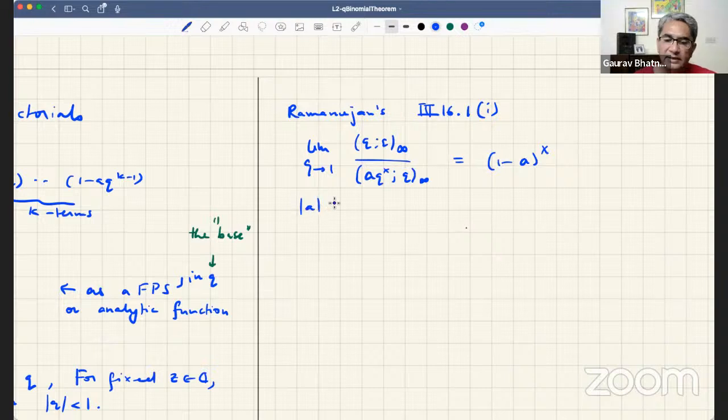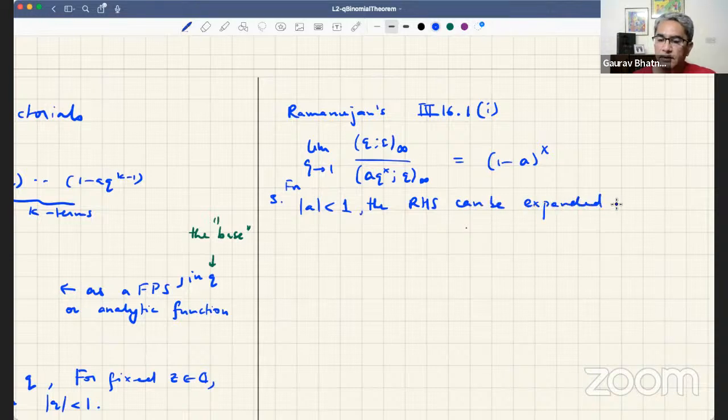This makes sense when absolute value of a is less than 1, and a cannot be 1, so this thing cannot be 0 inside. So it's a complex number you can define. Let me put it as 3. For a less than 1, the right-hand side here can be expanded using the binomial theorem.